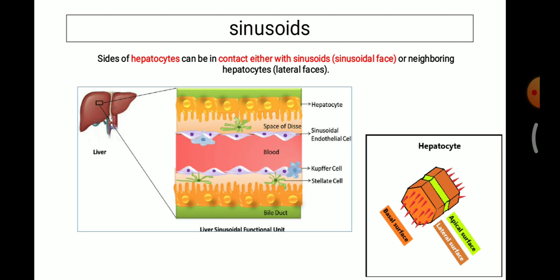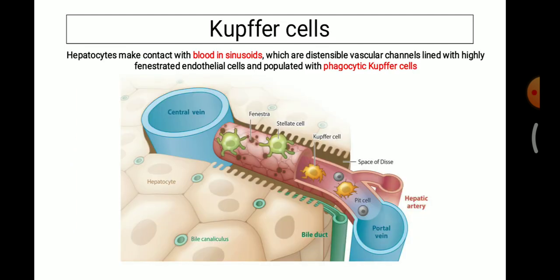Suppose a liver section is shown here. The liver sinusoidal functional unit consists of the space in between the hepatocytes and the space of Disse. The lateral, basal, and apical surfaces are shown on the hepatocytes. That will help you understand where the sinusoids are located exactly. In the upcoming slides we will try to understand more about this.